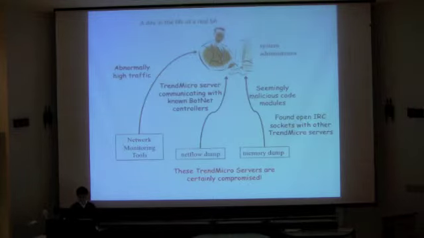Well, if you look at these individual pieces of evidence separately, if you only, for example, have a net flow showing a Trend micro server talking to blacklisted IP addresses, does that absolutely mean this machine is compromised? Well, it's not easy to answer because, number one, your blacklist of IP addresses may have false positives.